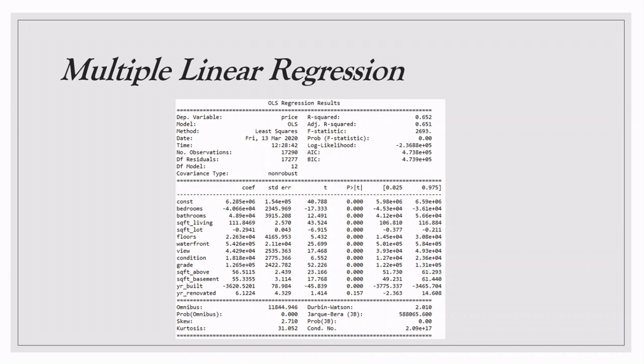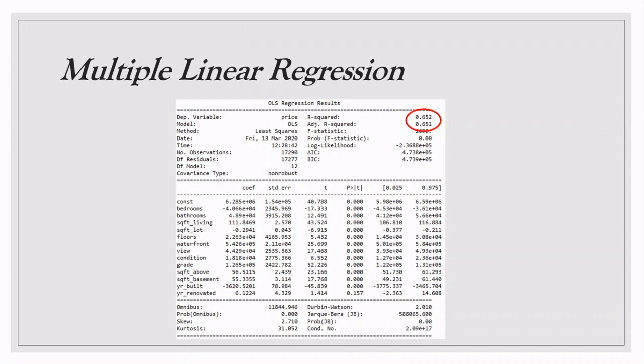And by now, I'm sure we're all able to interpret beta coefficients, but just to reiterate, if we increase the number of bedrooms by 1, we'd expect a negative 4.066 times 10 to the 4th power decrease in housing prices. And according to our R-squared value, we're able to explain 65.2% of the variation in housing prices with the variation of the predictor variables we used in the model.